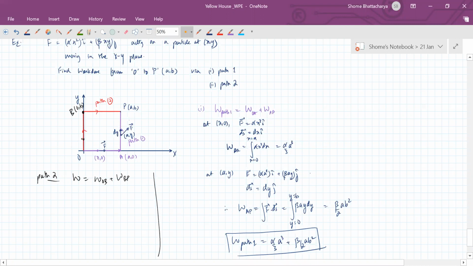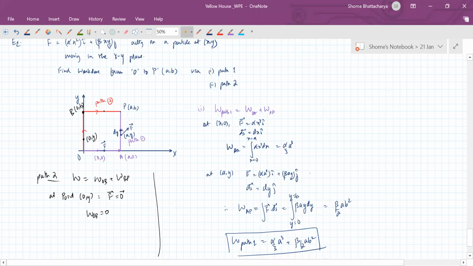While going from O to B, you can see that the force will be 0 because the x coordinate is 0. So at any point 0 comma y, the force is a null vector because the x coordinate is 0. So work done from O to B is 0.